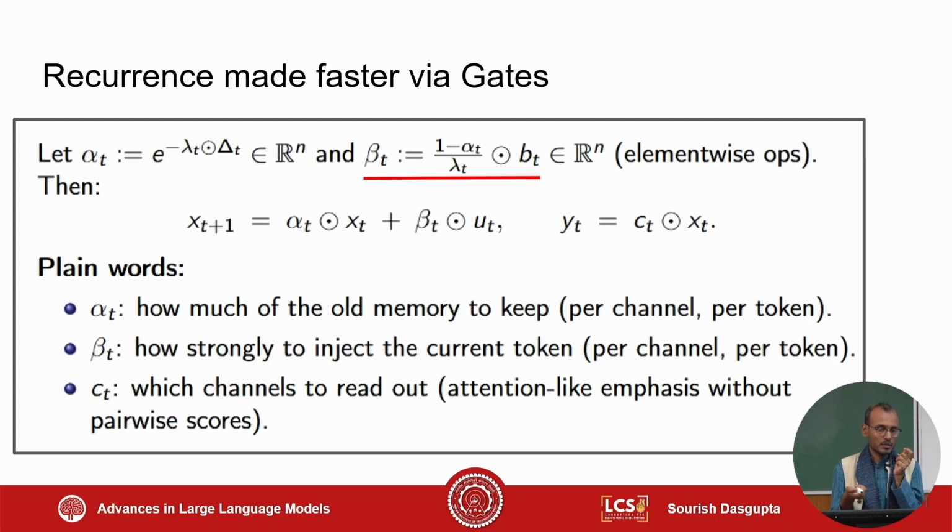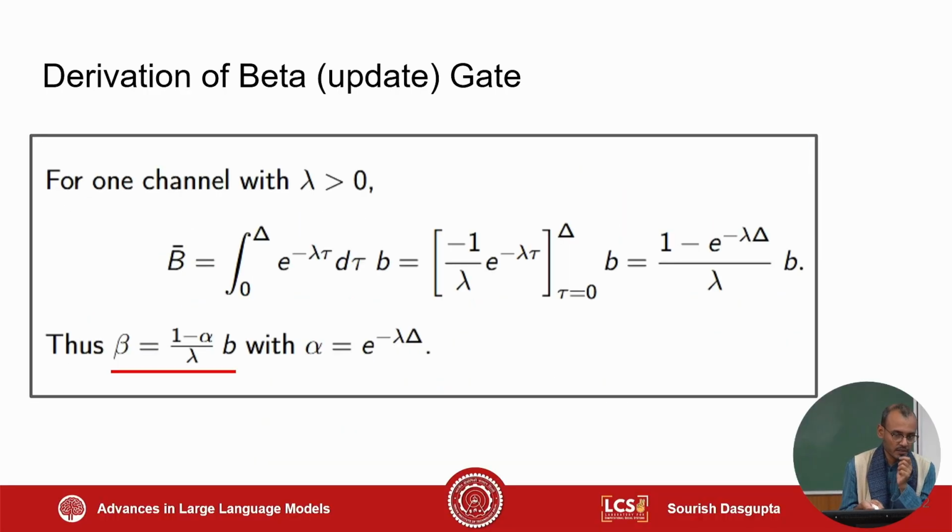Now how does this derivation happen? I've given the derivation here. It's very simple. If you integrate e raised to lambda tau d tau, it becomes 1 minus 1 by lambda, right? And then you substitute that and integrate over tau equal to 0 to delta, and you get 1 minus e raised to lambda delta, divided by lambda, multiplied by b.